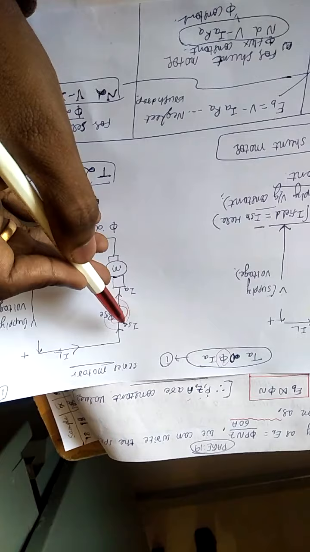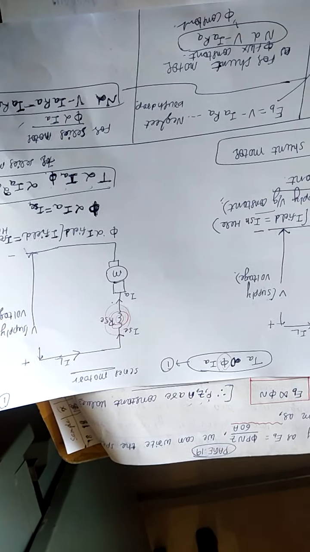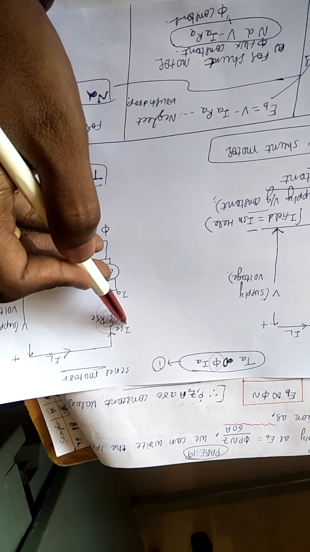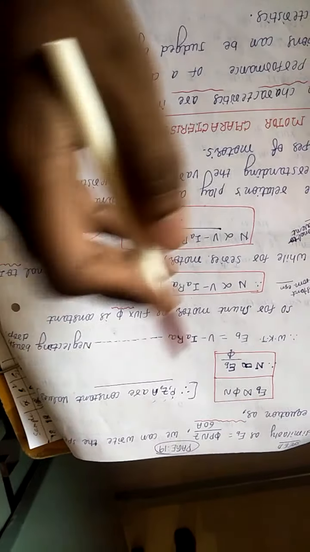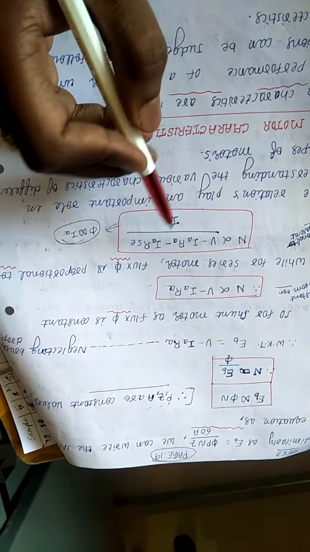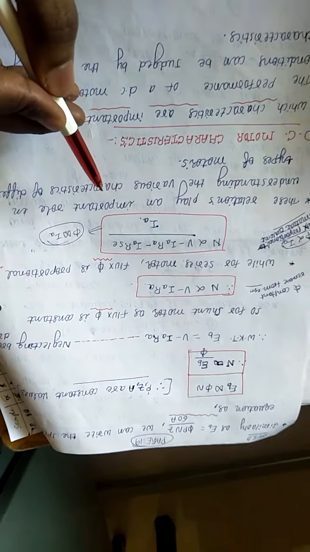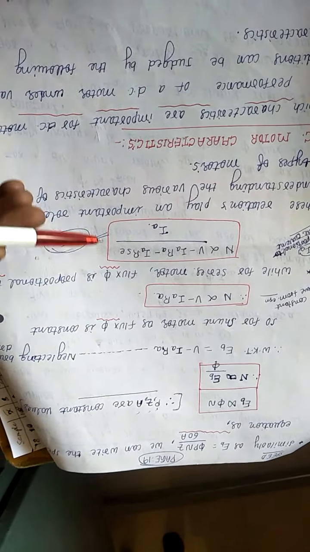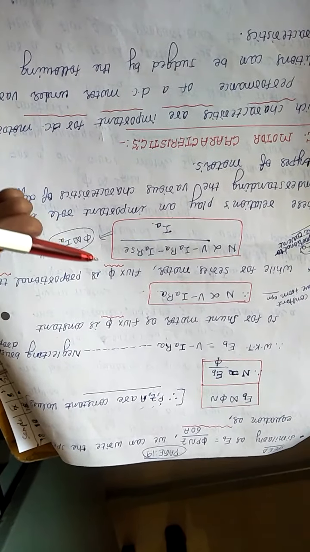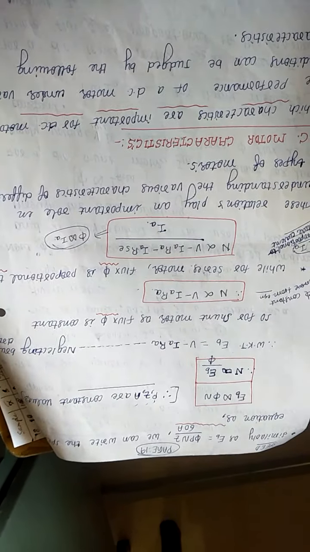The same current will flow across this combination. So in the place of φ, you have to write Ia. These are the various speed equations for the shunt motor and series motor.